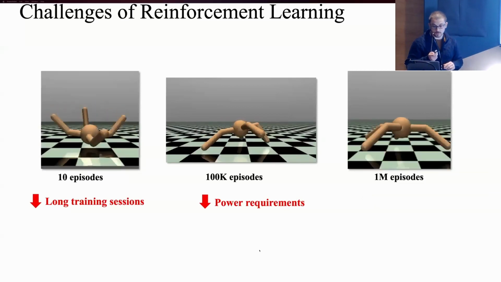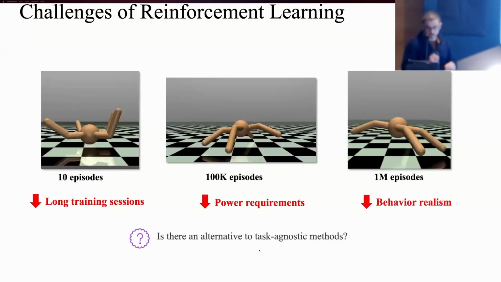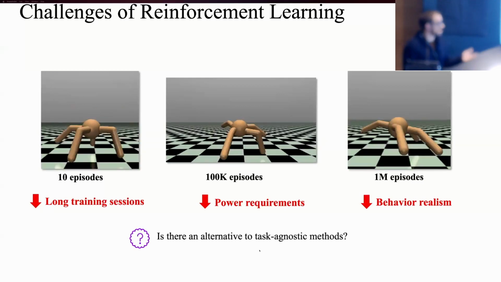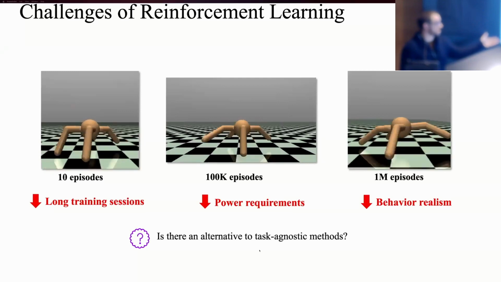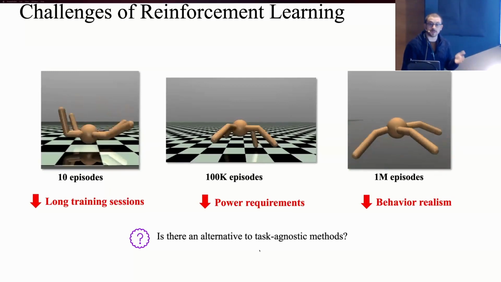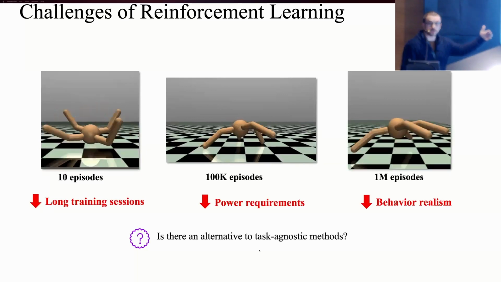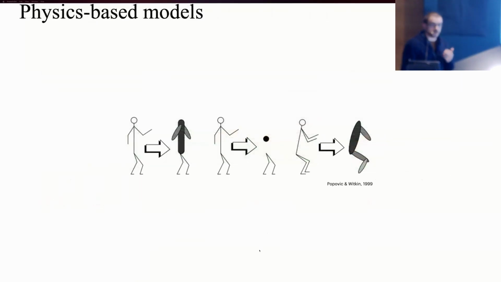So the question that other people have asked before us is, can we do something else beyond a task-agnostic method that starts to train a motion sequence from scratch? The answer started pretty long ago with physics-based models, where these models exploit physical realism.